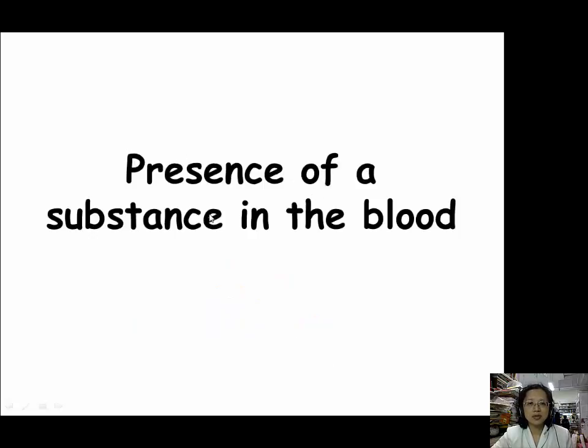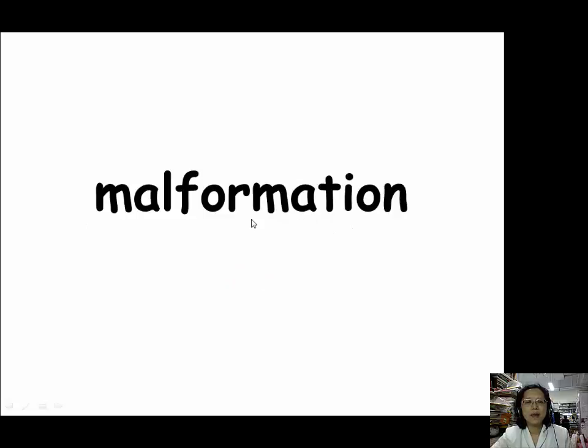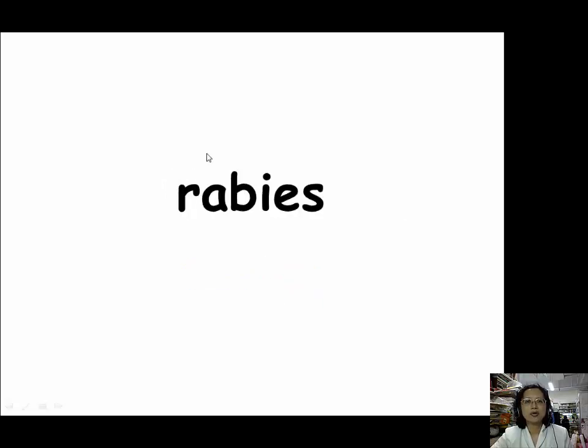For presence of a substance in the blood, we have the suffix emia, E-M-I-A. As for malformation, we have the prefix terato, T-E-R-A-T-O. For rabies, we use the prefix lysso, L-Y-S-S-O.